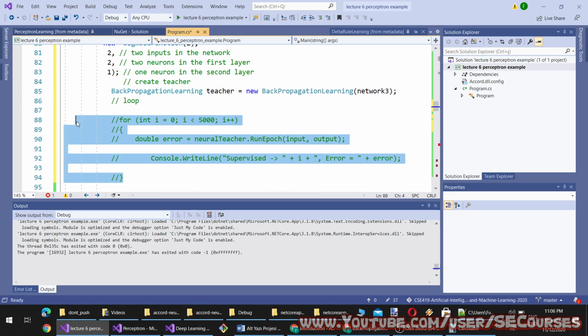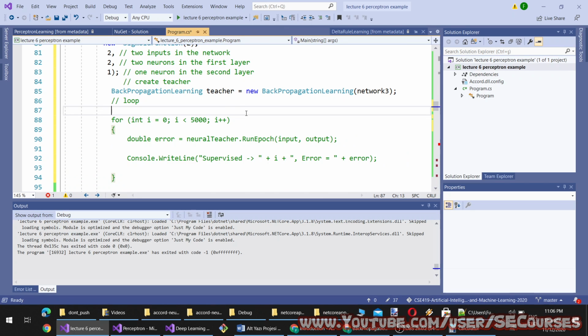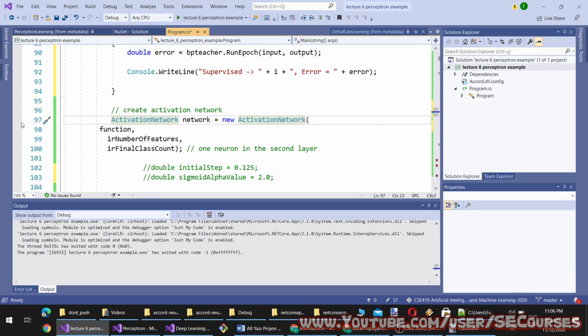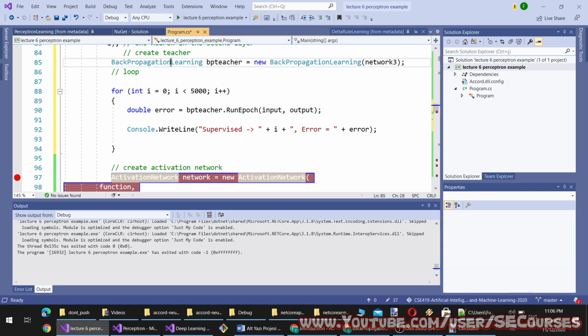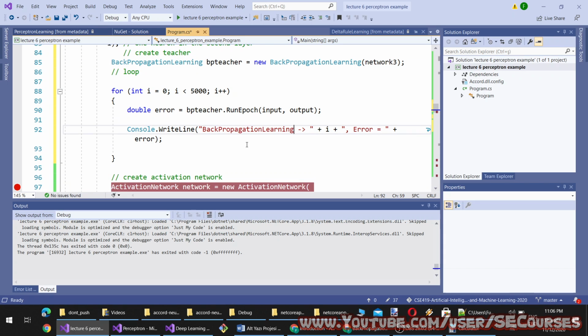I know that. And let's try the backpropagation.